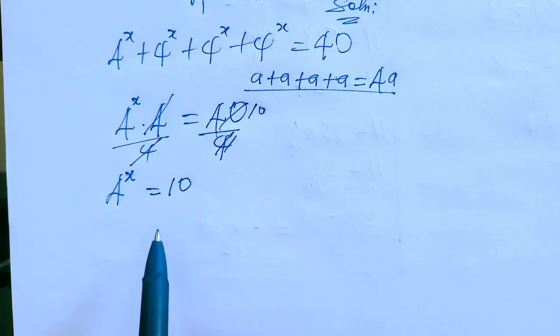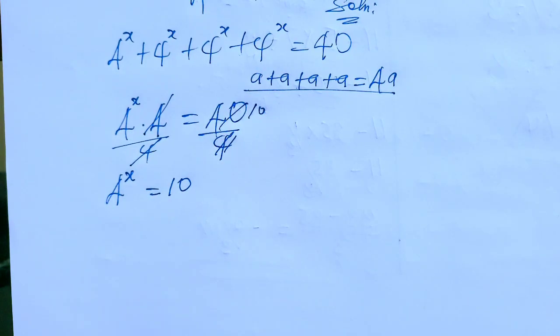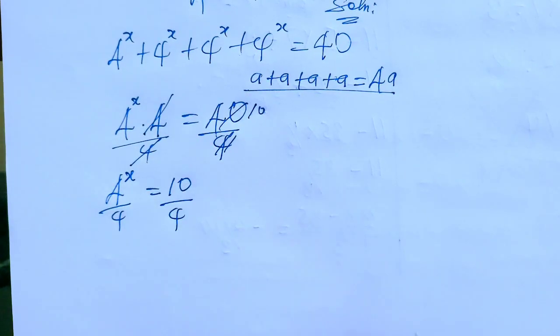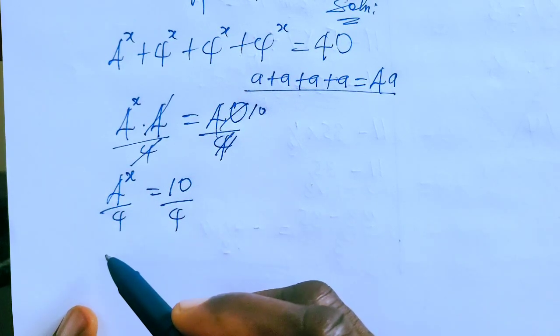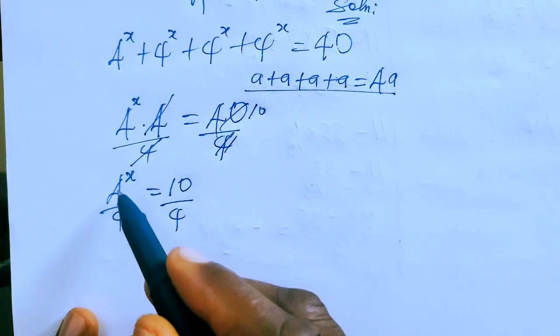Now, I will choose to divide both sides of this equation by 4 again. At the left hand side of the equation, note that this expression is of the same base 4.